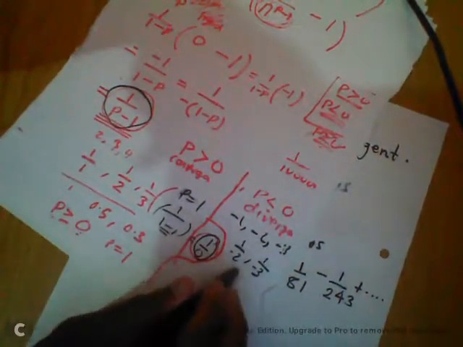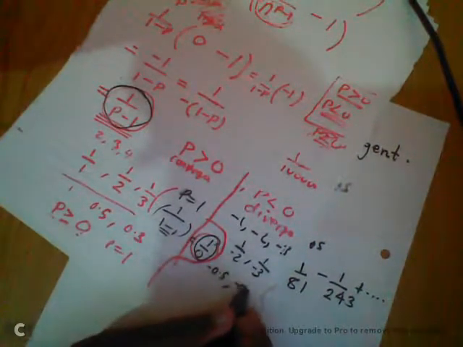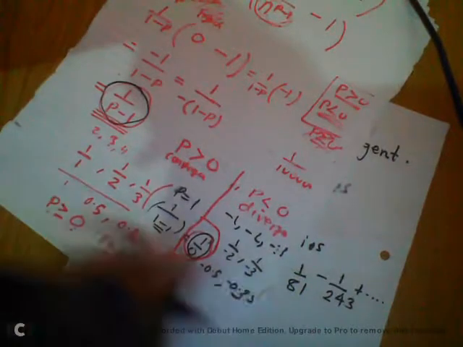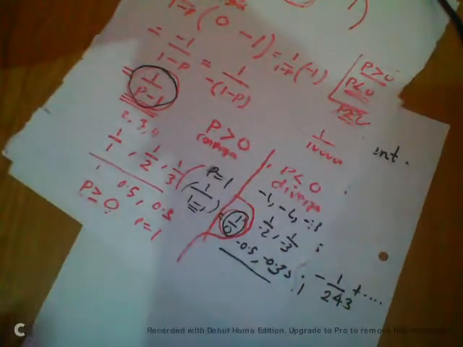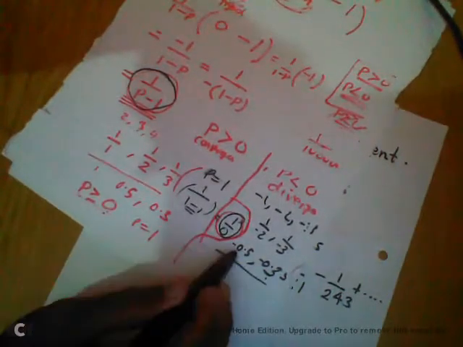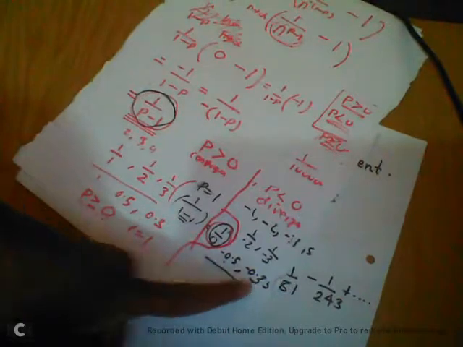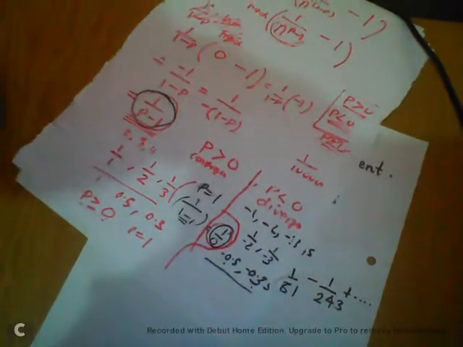So what we see here is that this is going to be -0.5, and this is going to be -0.3. Which one is bigger between these two? This is bigger, this is smaller. How can you say -0.5 is smaller and -0.3 is bigger?